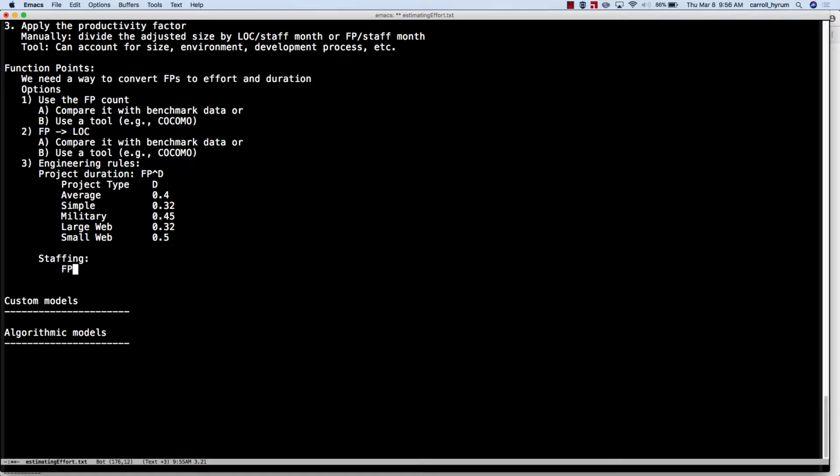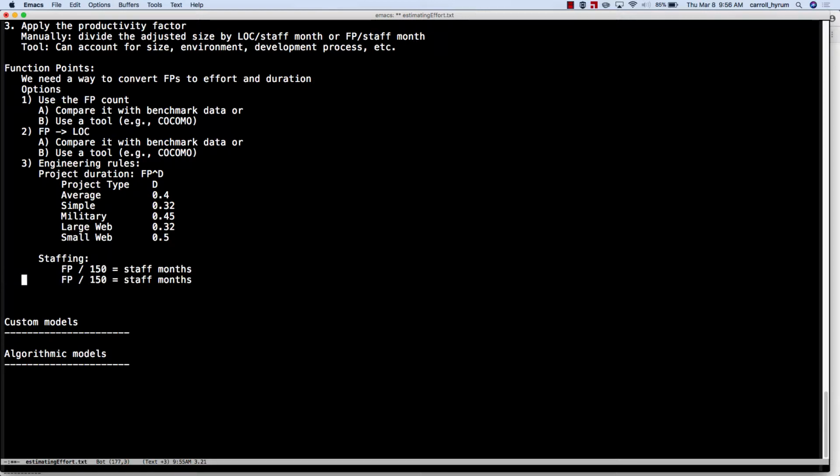If we're talking about staffing, though, the engineering rule is to take the function point count and divide it by 150 to get staff. That's for a normal project. If you're doing a large maintenance project, the number scales much better in terms of a smaller staff count.